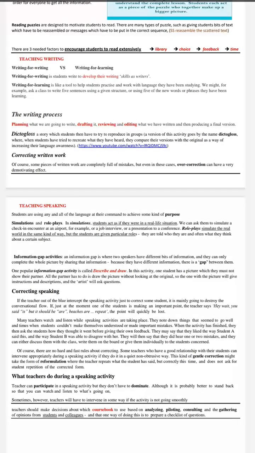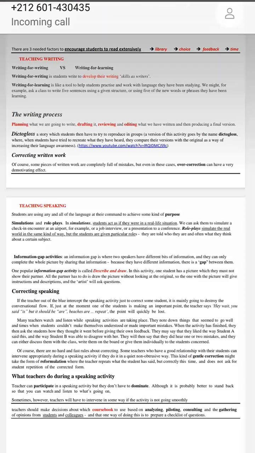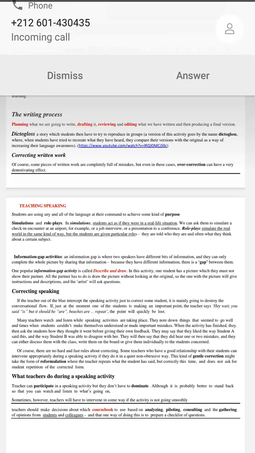Students are using any and all of the language at their command to say some kind of phrases. Simulation and role plays. In simulation, students act as if they were in a real life situation.